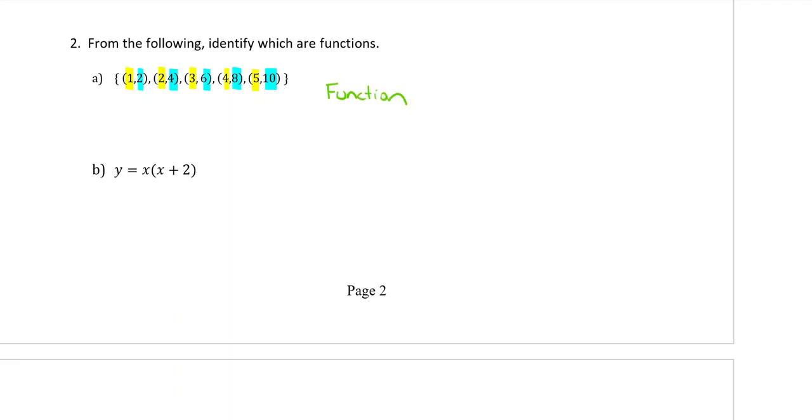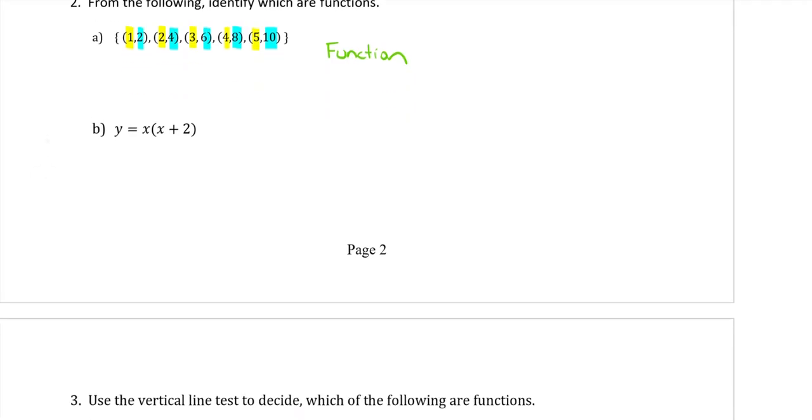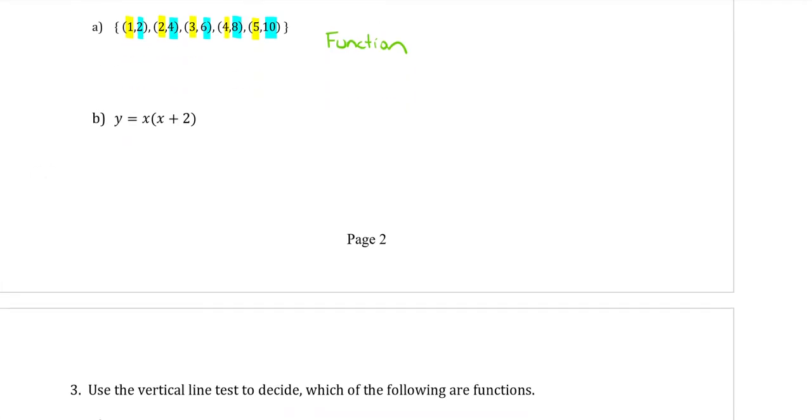Okay, part B, we have an equation instead of some points. And if you think back to some of our previous work, that graph would be a parabola. The intercepts of that parabola coming from this factorized form would be x equals 0 and x equals minus 2.